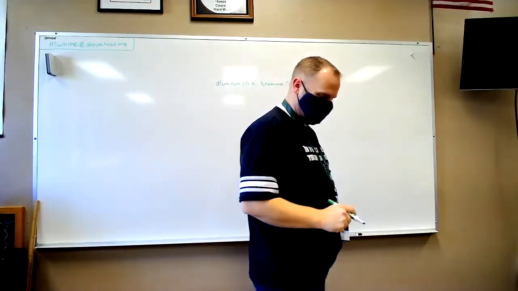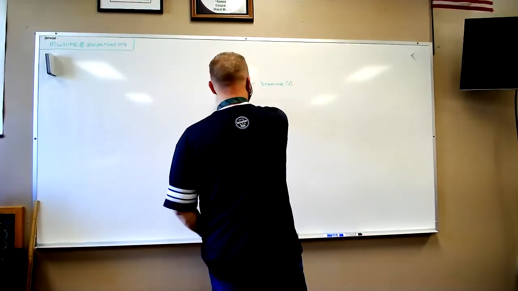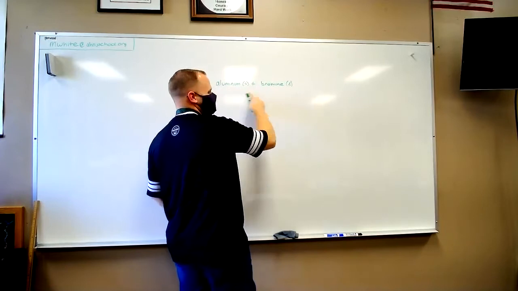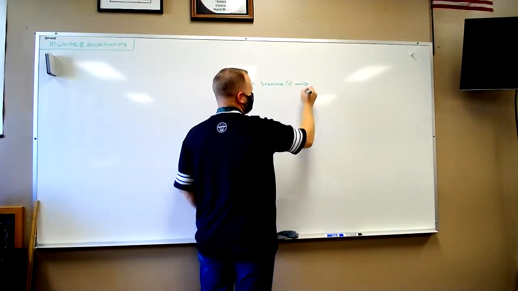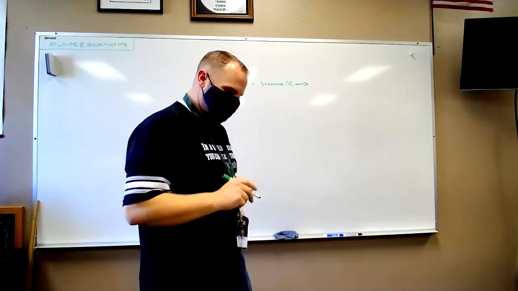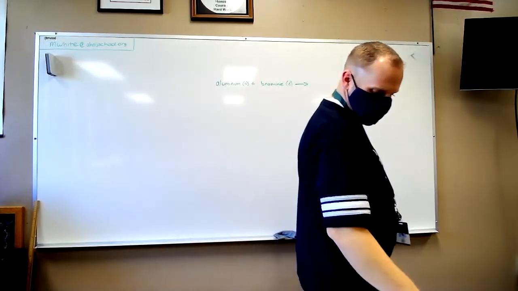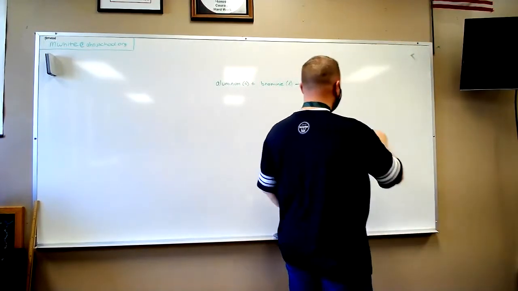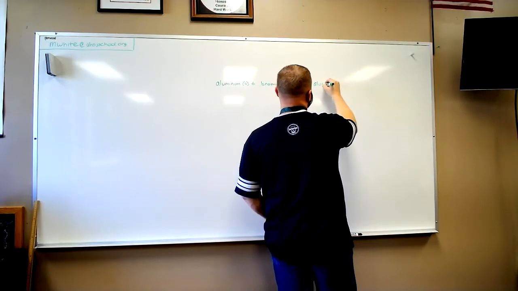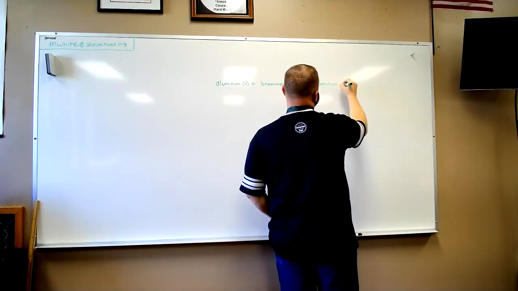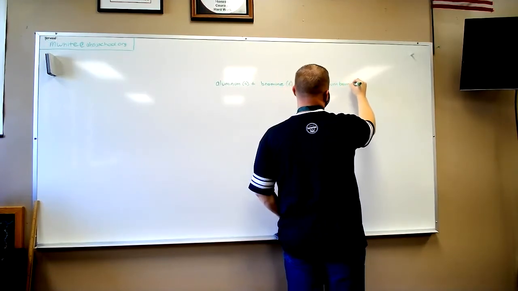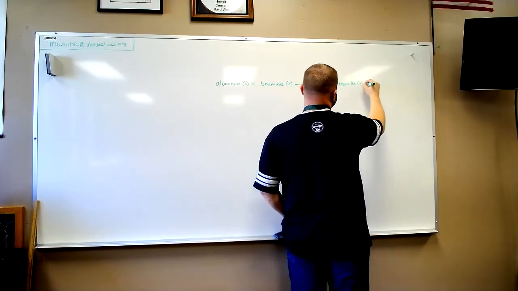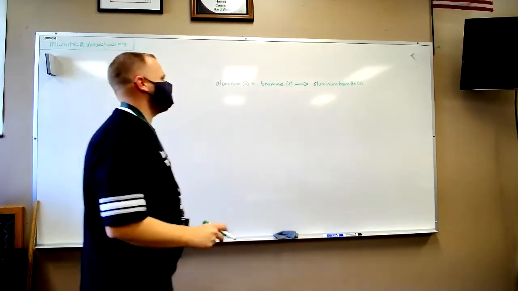Okay. So those are the reactants, what we're starting with. We put our arrow, and what we end up with is solid aluminum bromide.